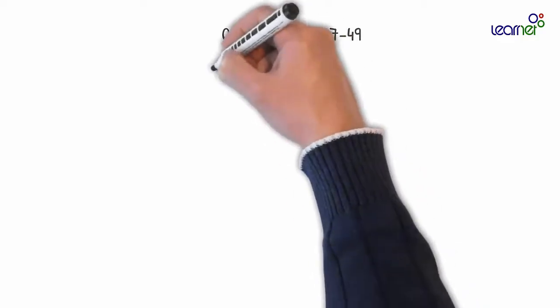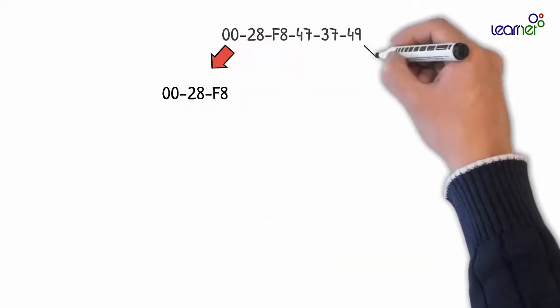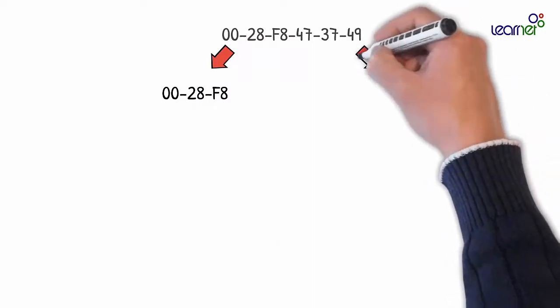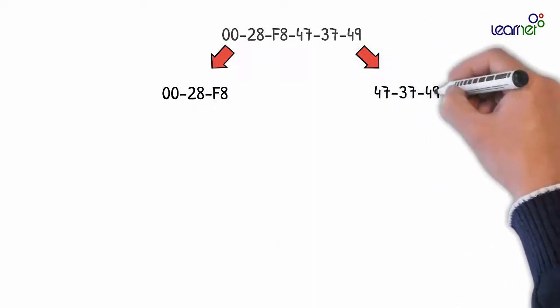As I said, in EUI-64, we need to generate the host part from the MAC address. But a MAC address is only 48 bits. So we need 16 more bits to generate the host part, which is 64 bits. To do that, in EUI-64, we divide our MAC address into two different parts.